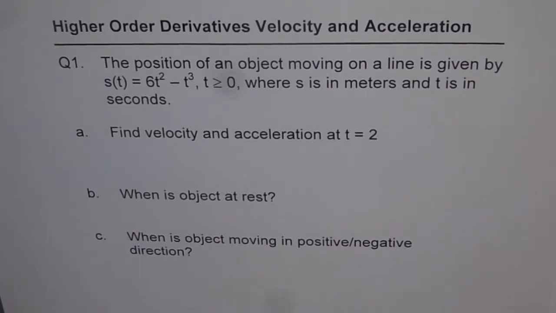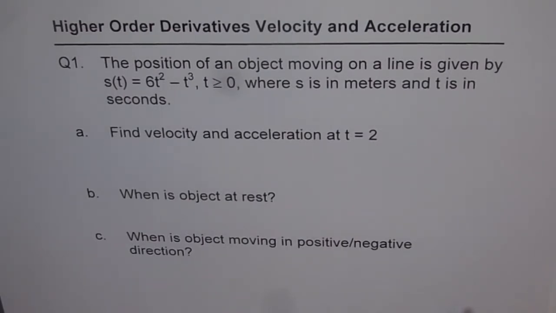Now here's question number 1. The position of an object on a line is given by s of t equals 6t squared minus t cubed, where t is greater than or equal to 0, where s is in meters and t is in seconds.